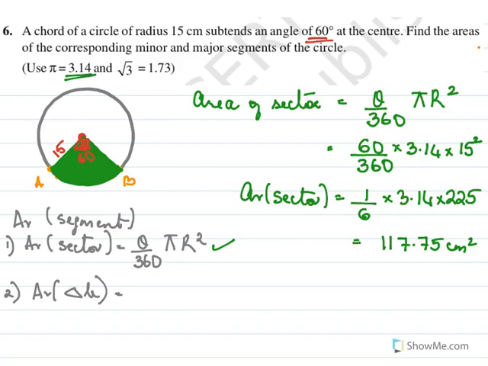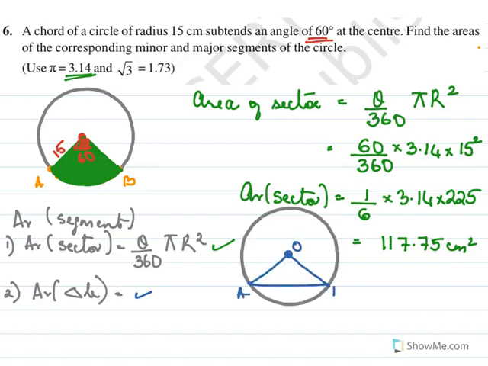Now we need to do the next step, means we need to find the area of the triangle. Here is a triangle, we mark it OAB. So this area we need to find. We can't use half base into height because no 90 degrees is given. But there's one thing given to us, the central angle is 60.